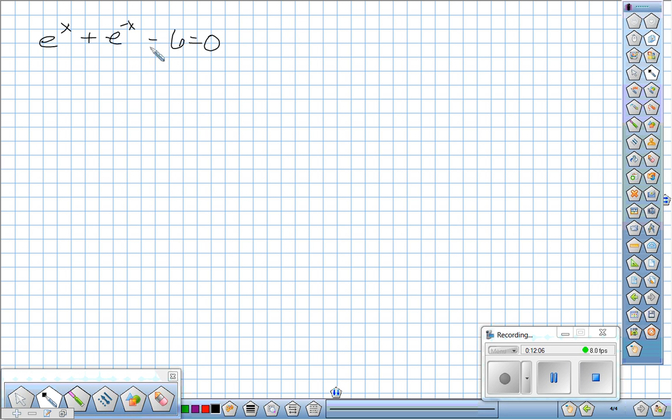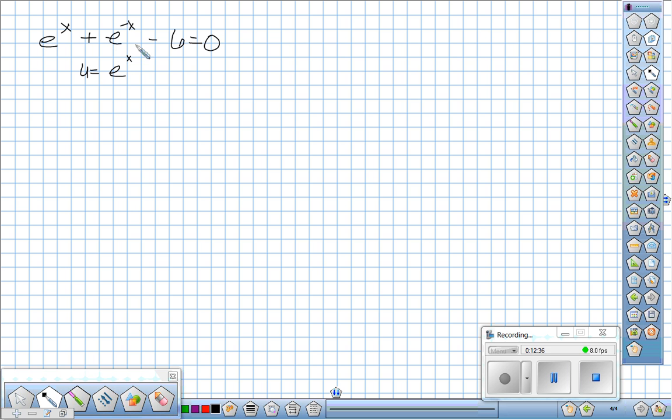And since I have basically 3 separate things, I can't just take the log of both sides. If I have just 2 things, if I didn't have the 6, it would be really nice. But I have 3 separate things. So what I'm going to do is, before we were replacing things with u's, so my u will equal e to the x. And then I'm going to replace everything.